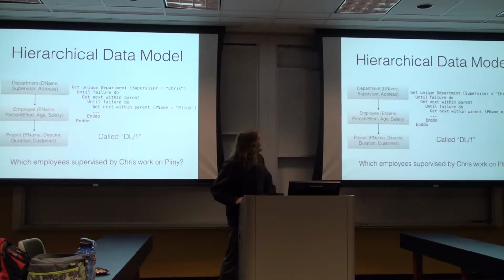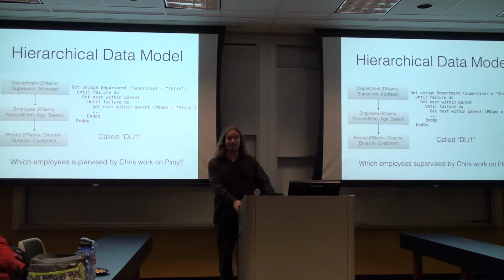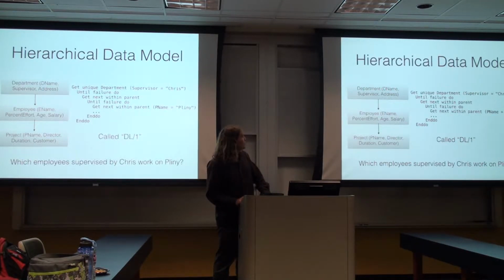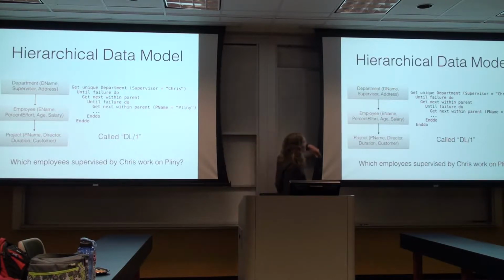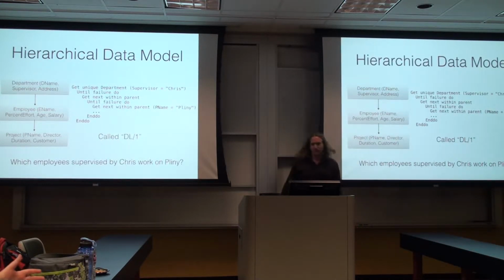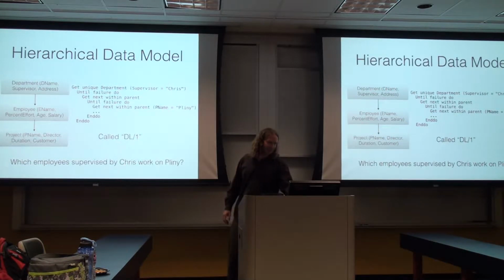And so this system actually included a special purpose data management programming language called DL1, which facilitated exactly this navigation, right? So you said get unique department with the supervisor Chris, and then you had this until failure loop where you basically looped through in breadth-first fashion all of the employees associated with Chris, and then once you find an employee, we're going to directly check whether that employee is on the Pliny project. Okay, so that's how queries worked in this system.